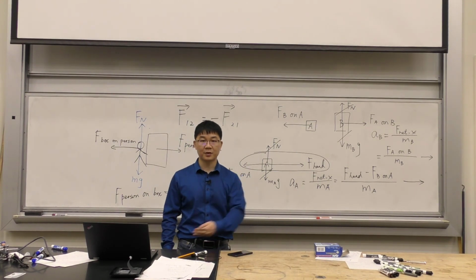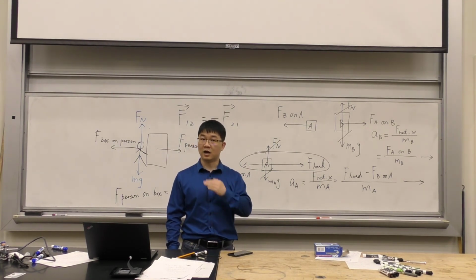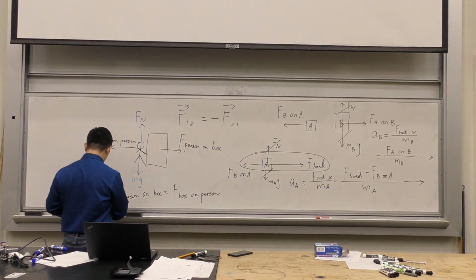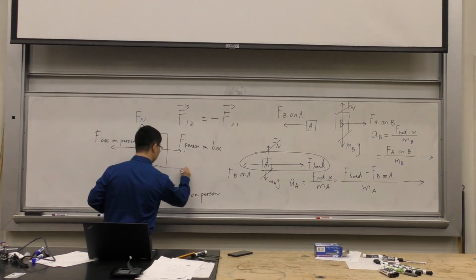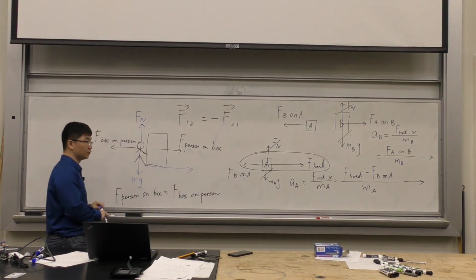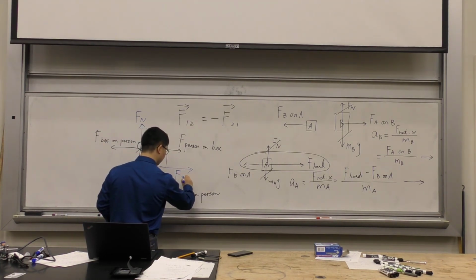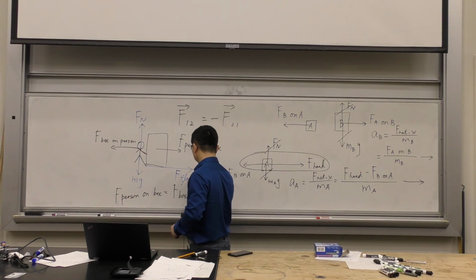So that's another pair of action and reaction. Everything is consistent, right? So this person is going to get a force from the ground, a friction force, to stop him from slipping in that direction. So that's a force from the floor on the person.